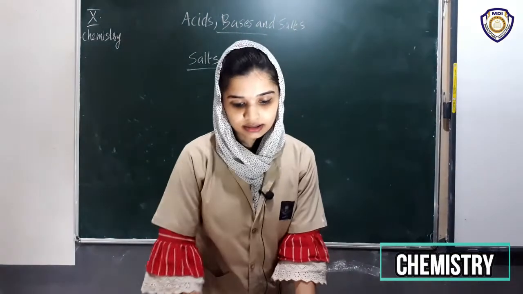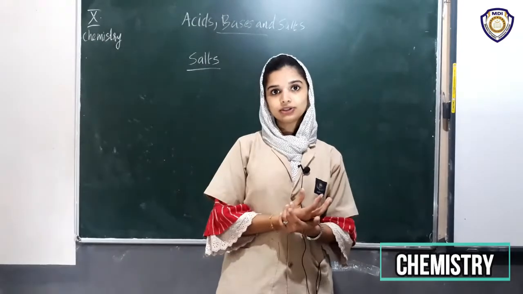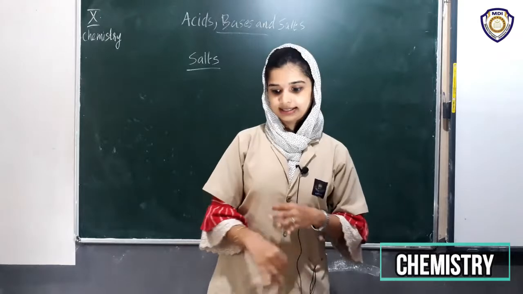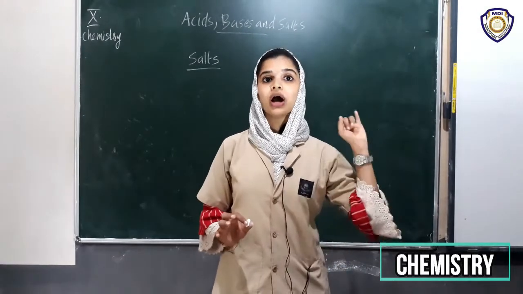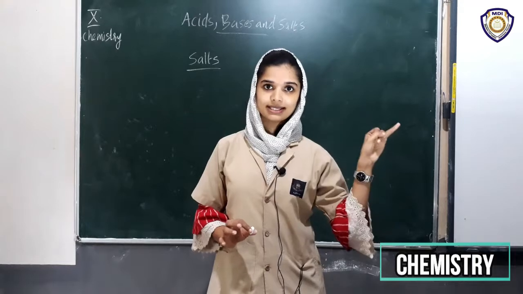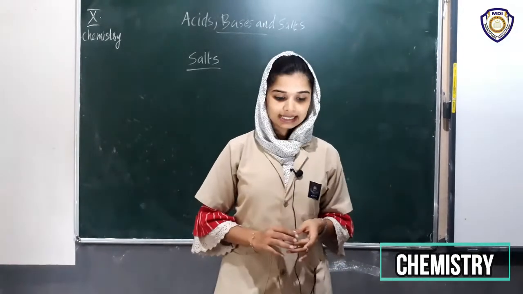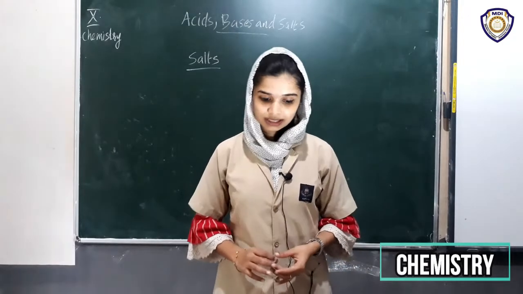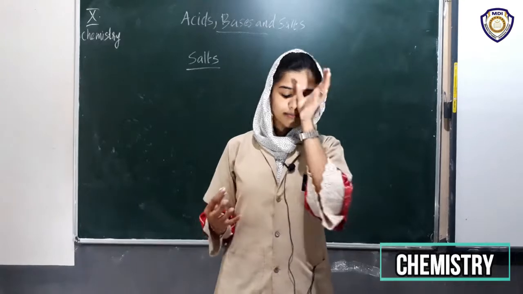We have already learned that when acid and alkali are added together, water and salts form. So salt is formed by neutralization of acid and base. You have studied neutralization. So, the family of salts: how salts are prepared by neutralizing acids and bases.